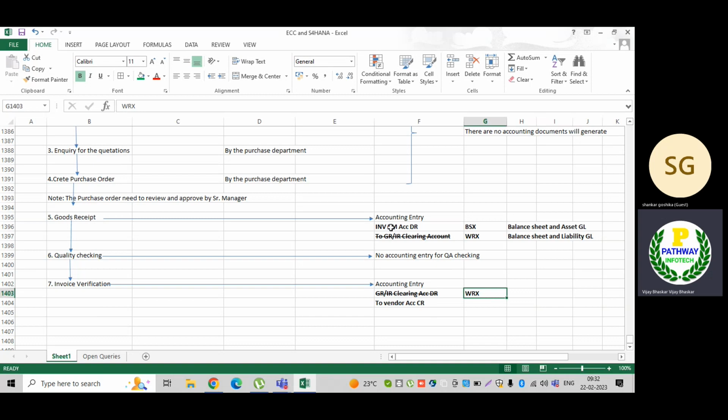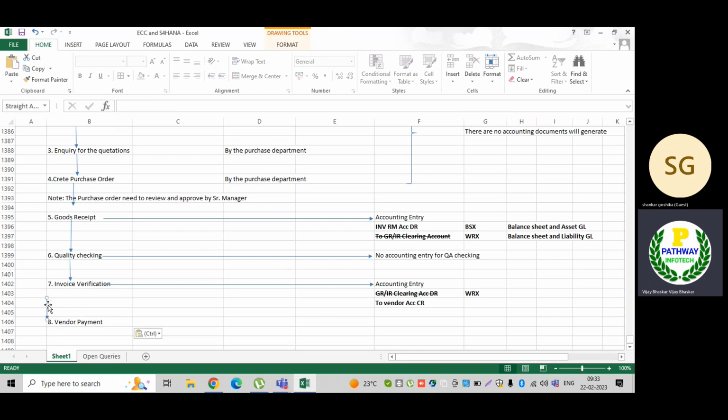The inventory account will be debited, and the vendor account credited. Once the invoice verification is done, the last step is payment to the vendor. This is the final accounting entry.